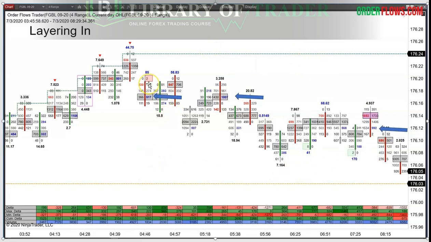These sellers are anticipating lower prices, so they're happy to move that size there, work an offer. They're happy to sell it there. They're not hitting the bid. They're not panicking, saying, "Oh my gosh, I've got to hit the bid." They're like, "Hey, this is like free money. I'm long from earlier. I'm happy to just go layering in and get out."